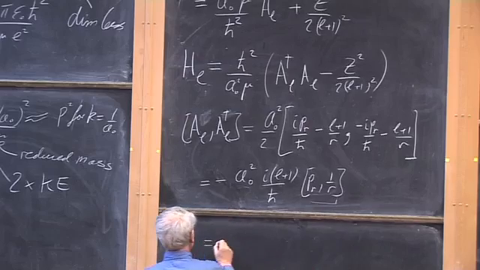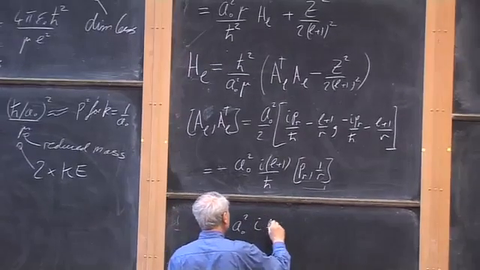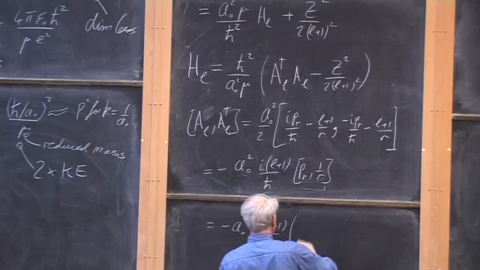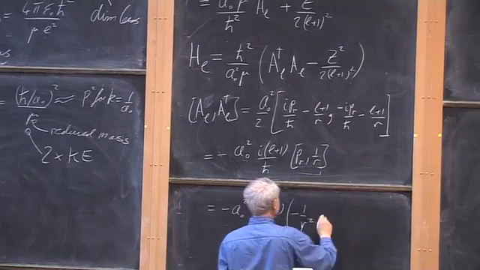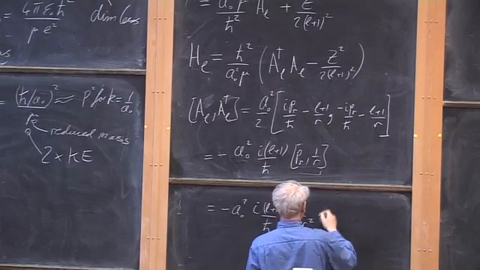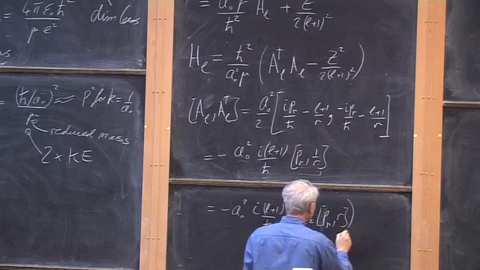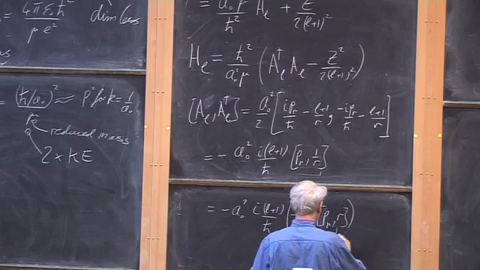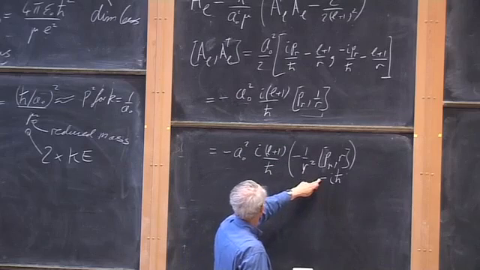So this is equal to minus a0 squared i (L+1) over h bar. And then I'm going to have a minus 1 over r squared for the derivative of this times the commutator of p_r with r, because that's how these things work. But this, once again, is minus i h bar. So the two minuses here cancel.